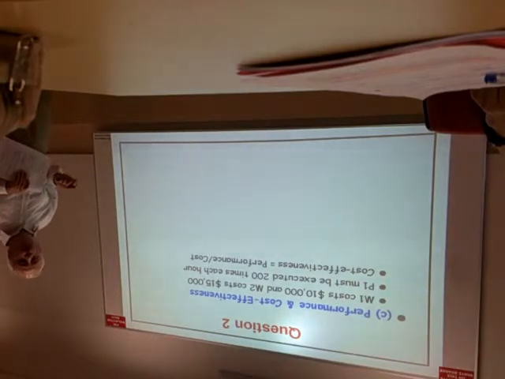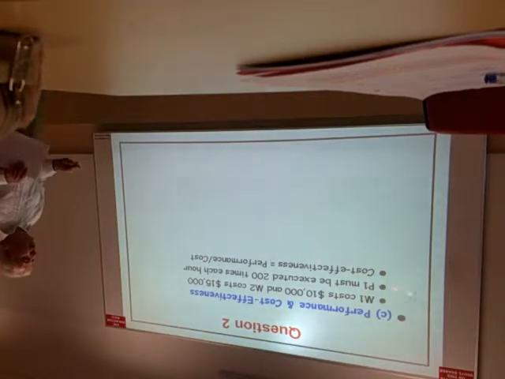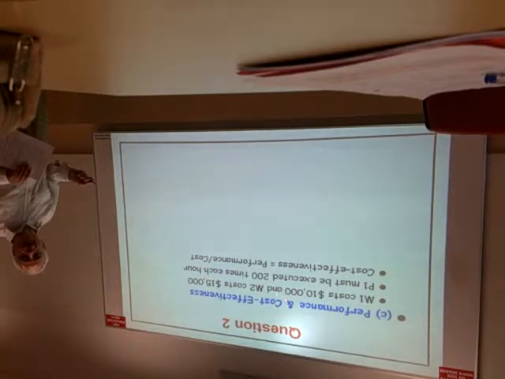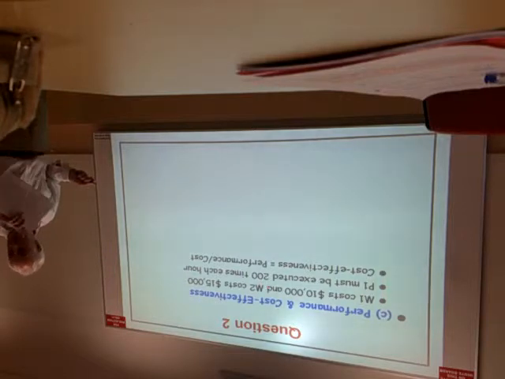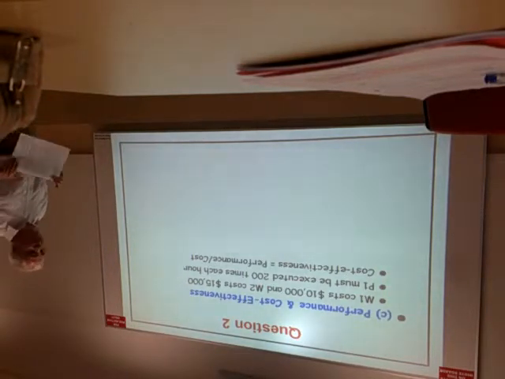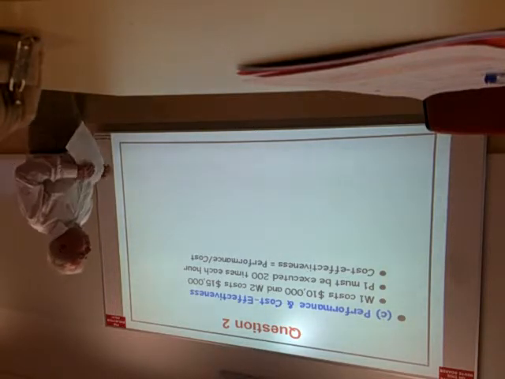We have a rather unusual way of calculating performance, because we're told that P1 must be executed 200 times each hour, and then the performance is measured by how many times per hour we can execute P2. That's rather a strange way of measuring performance, but that's what the question tells us, so that's what we have to do.